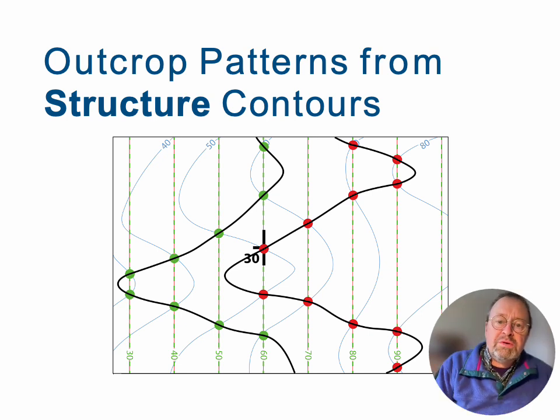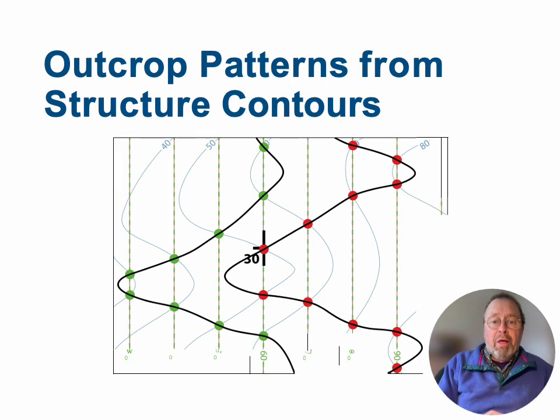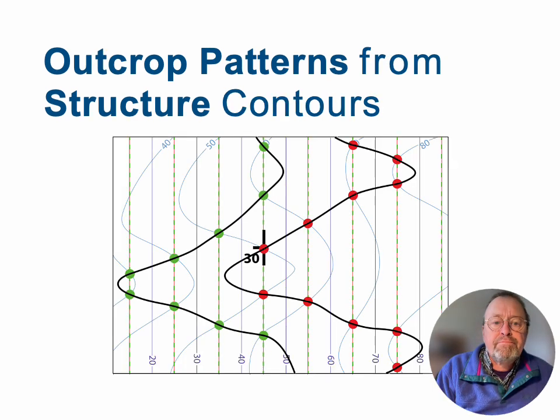And again, we can join them up to try and form an outcrop pattern. You'll see that because the contours are getting smaller towards the left, it means that the whole sequence is dipping towards the left. And we can do it again with another unit here.